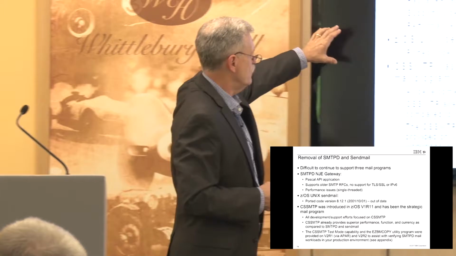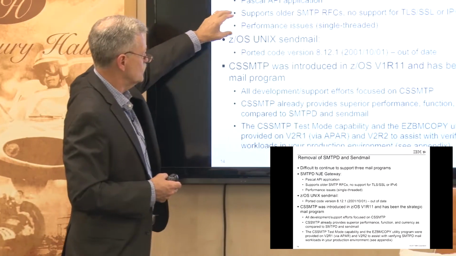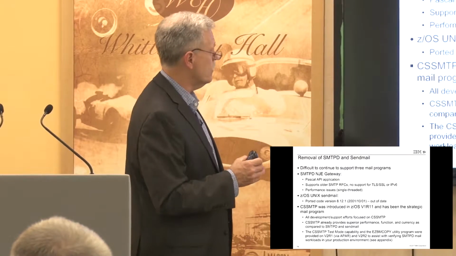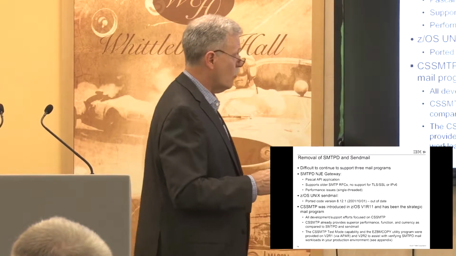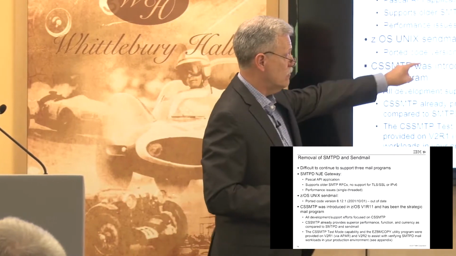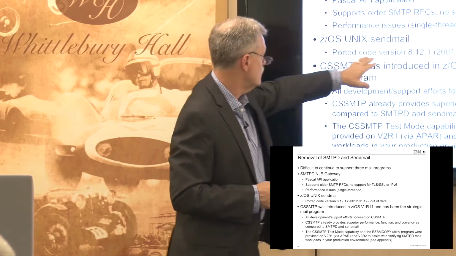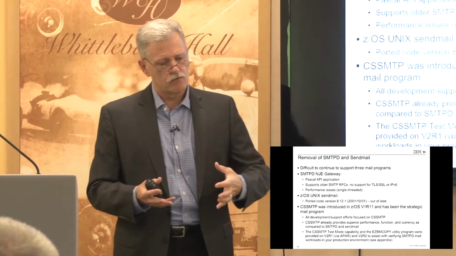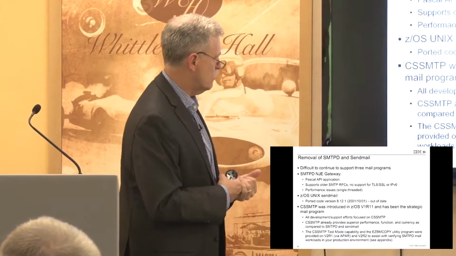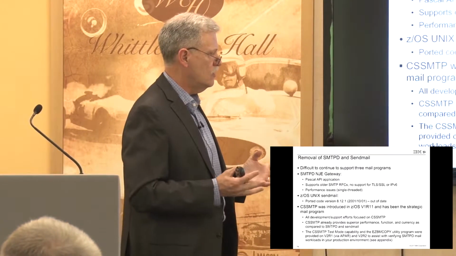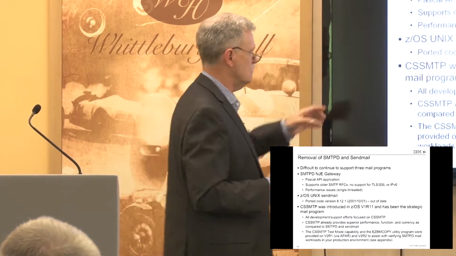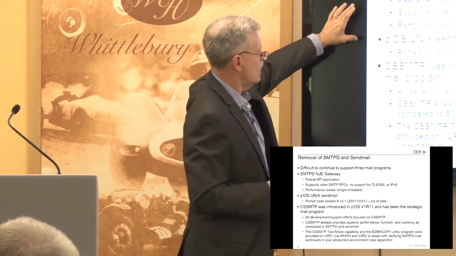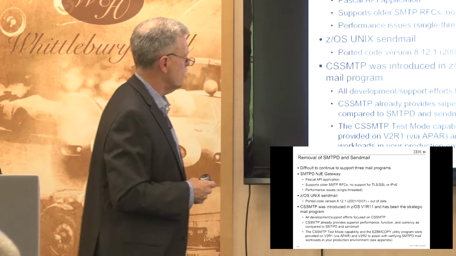If you start with some of the background, SMTPD was written in Pascal. It's about a 17-year-old program. It supports older RFCs. It had no support for TLS or SSL or IPv6. And it had significant performance issues in the sense that the program was single-threaded. There were cases we knew where multiple CPU processes would bottleneck on that aspect. So that was several design architecture issues for that program.